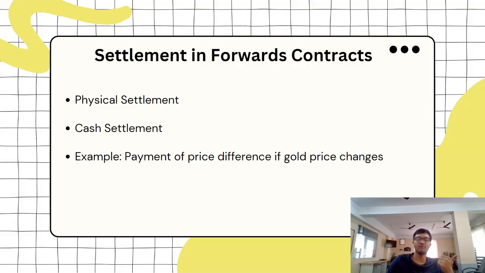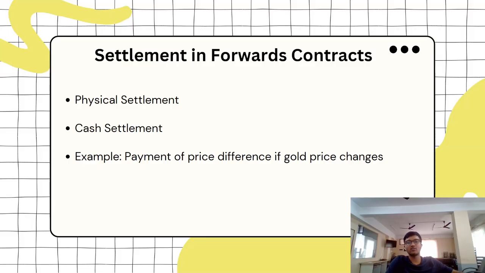Let's talk about settlement in forward contracts. At that particular time, there was physical settlement. I told you about the Kautilya example, where the farmer actually needs to give the 10-20 quintals of rice to Kautilya. And in case of gold, the person coming into the contract, whether the contract goes up or down, at the end of the day has to physically settle the gold, because they decided the price of these contracts before the actual settlement period arrives.